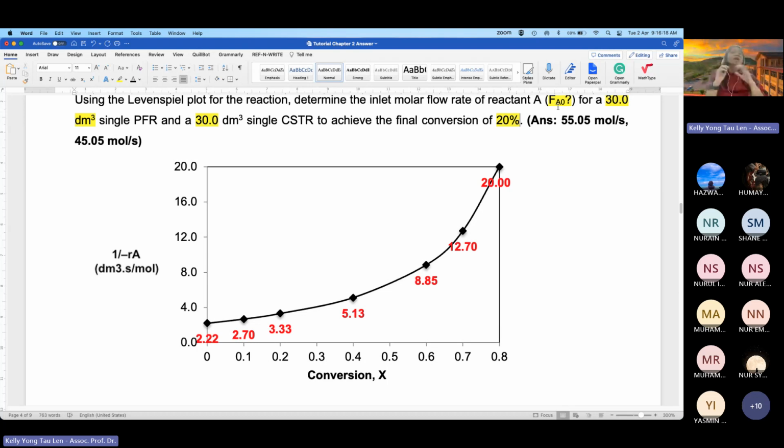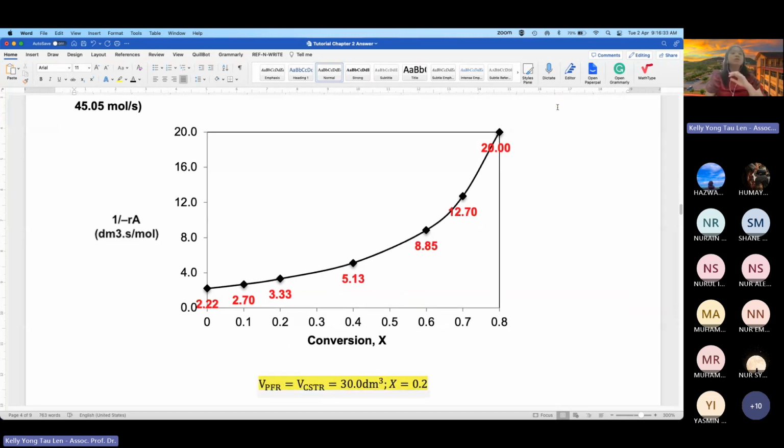At this stage, the easiest way to strategize the correct formula, for me personally, is to deduce it from the information given. The information given is actually very limited. You're only given the volume and the conversion.